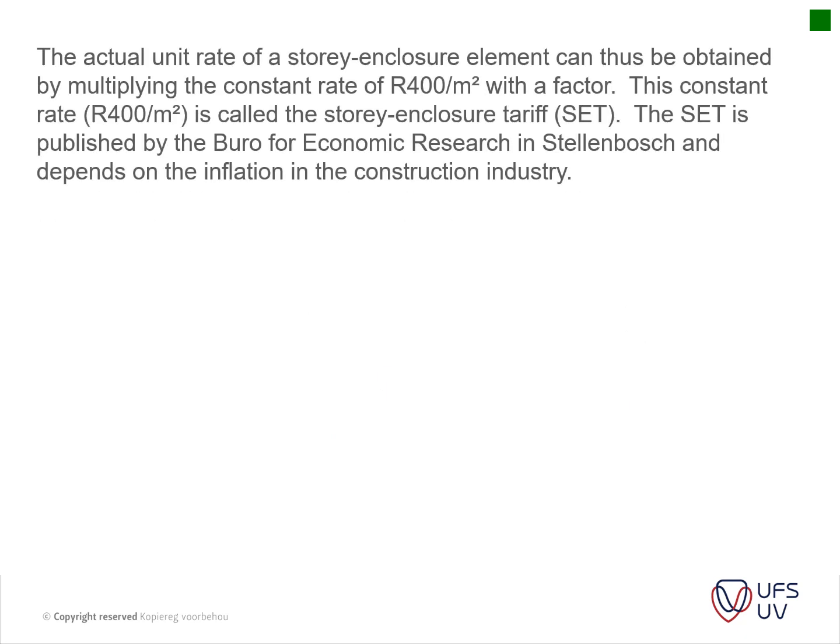Okay, the actual unit rate of a story enclosure element can thus be obtained by multiplying the constant rate of 400 Rand per square meter with the factor. This constant rate, 400 Rand per square meter, is called the story enclosure tariff, as spoken about last week. The tariff is published by the Bureau of Economic Research in Stellenbosch and depends on the inflation of the construction industry.